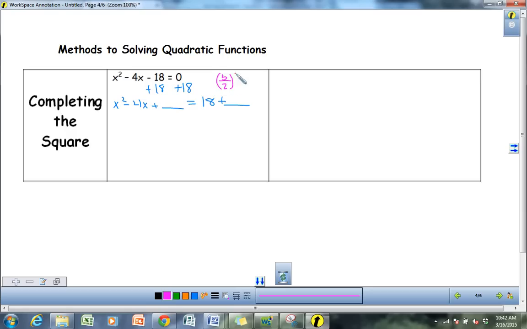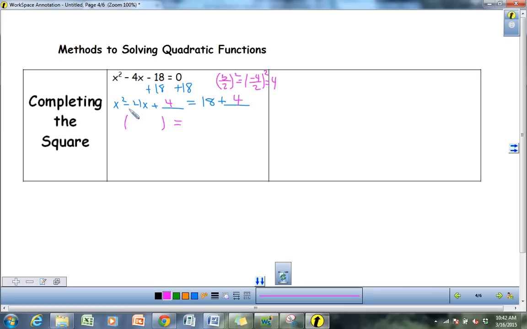My b term is negative 4 divided by 2 squared. Negative 4 divided by 2 is negative 2. Negative 2 squared is 4. So I am adding 4 to both sides of my equation, because what you do to one side, you must do to the other.